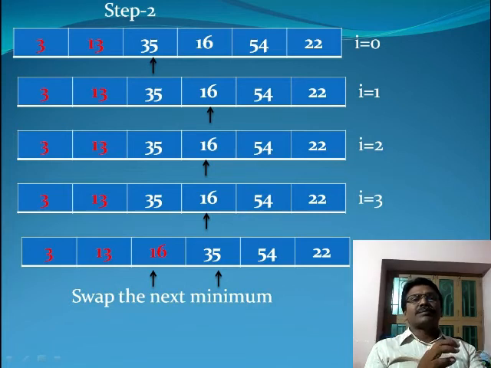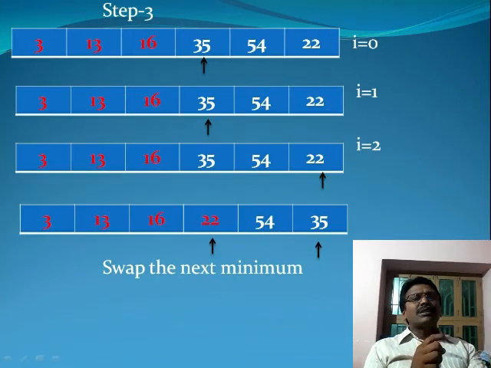Now step 3. This iteration starts with the fourth element. i is 0, representing 35. It is the first minimum value. Next, i of 1. a of 1 is 54. Compare with the previous minimum value, 35. We cannot change.